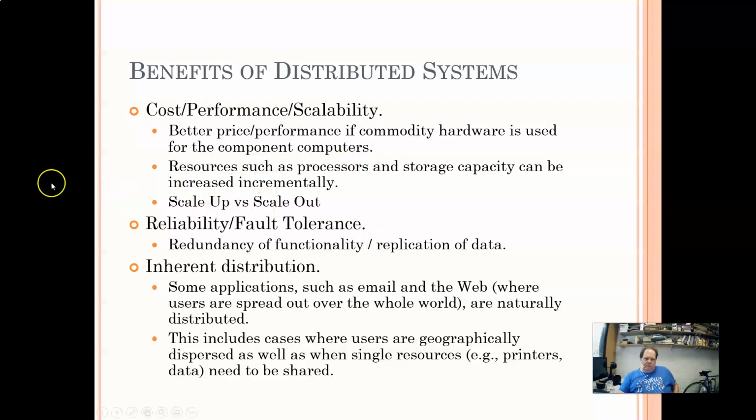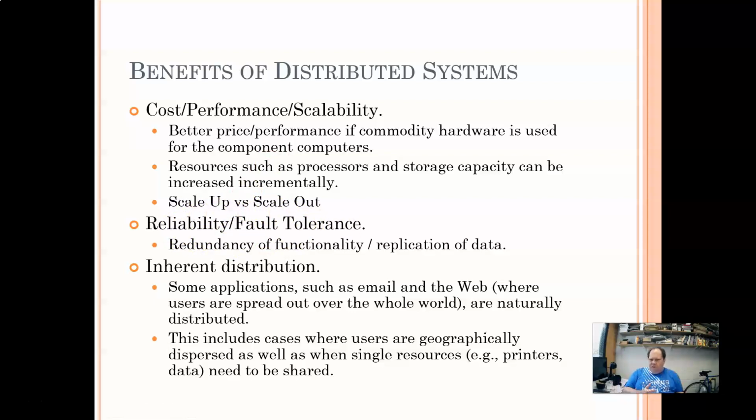So distributed systems give you price performance benefit. By using commodity hardware, you're able to keep the price down, but still maintain levels of performance. They also give you reliability. By distributing, you have copies, replicated data, redundancy of functionality.